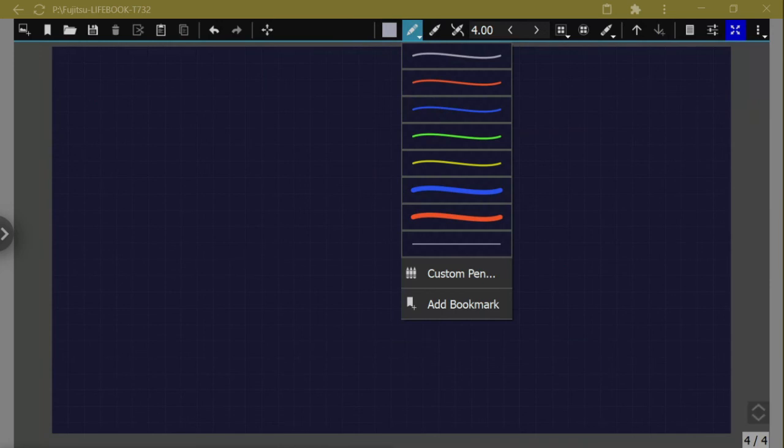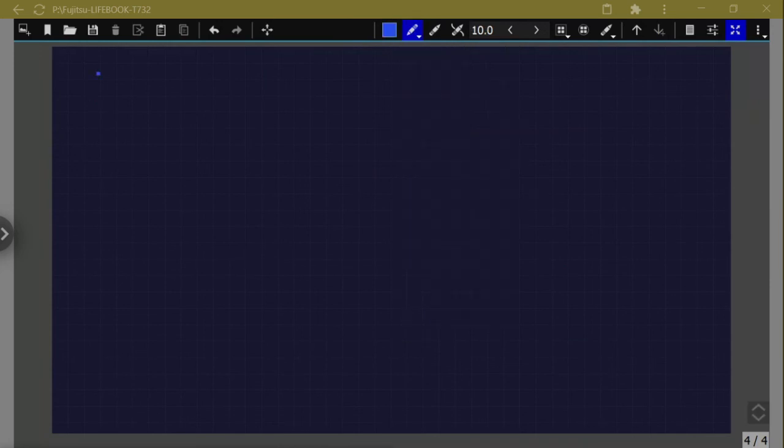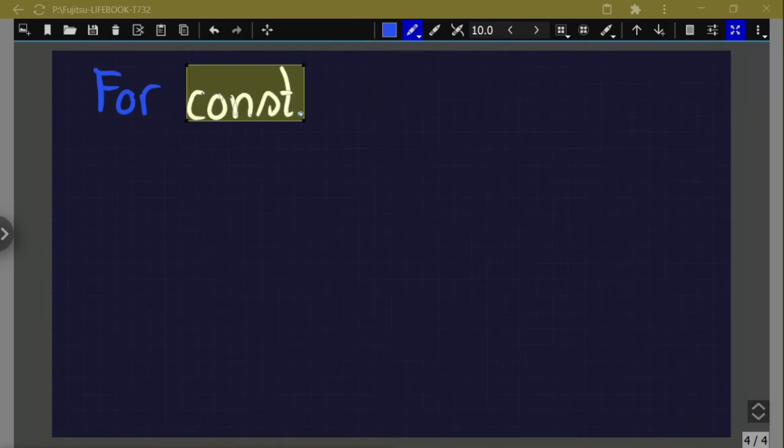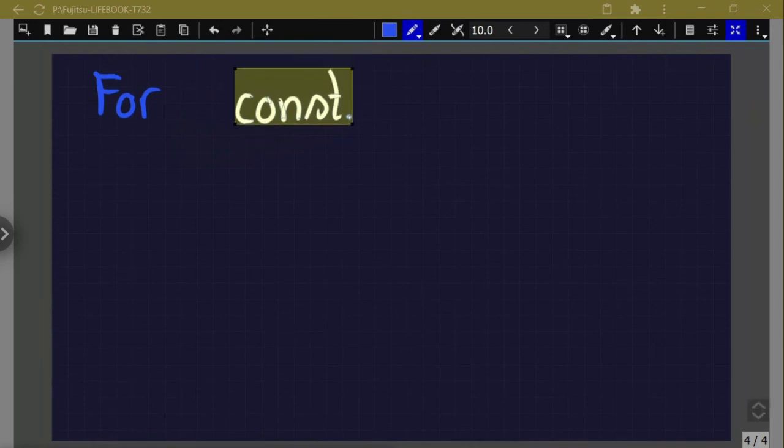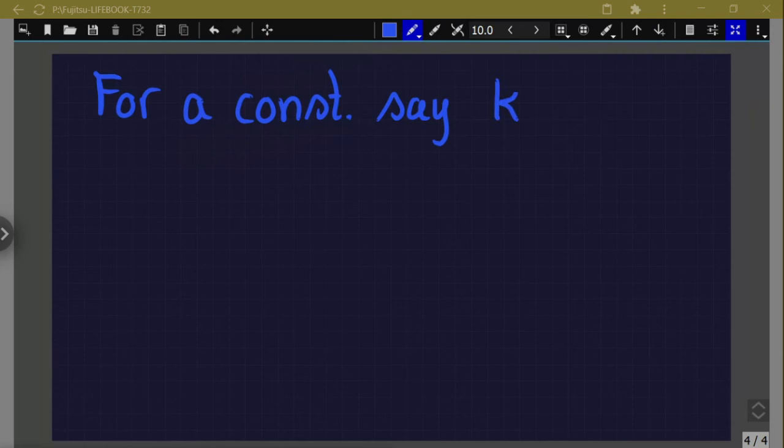You should already know that if you have a constant, let's say k, the derivative with respect to x or any variable of k is always going to be 0.